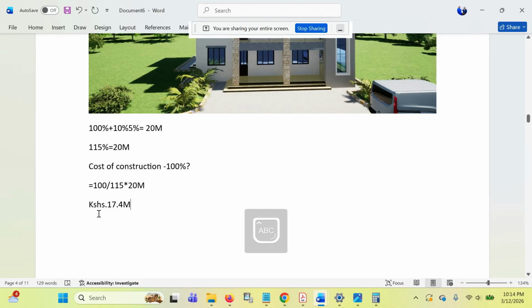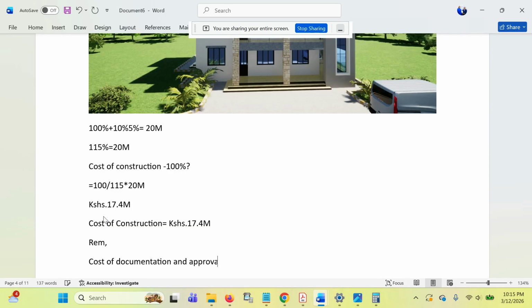So 100 divided by 115 times 20 million. That's around, let's say, 17.4. So this is now cost of construction. Cost of construction is Kenya shillings what? 17.4 million.